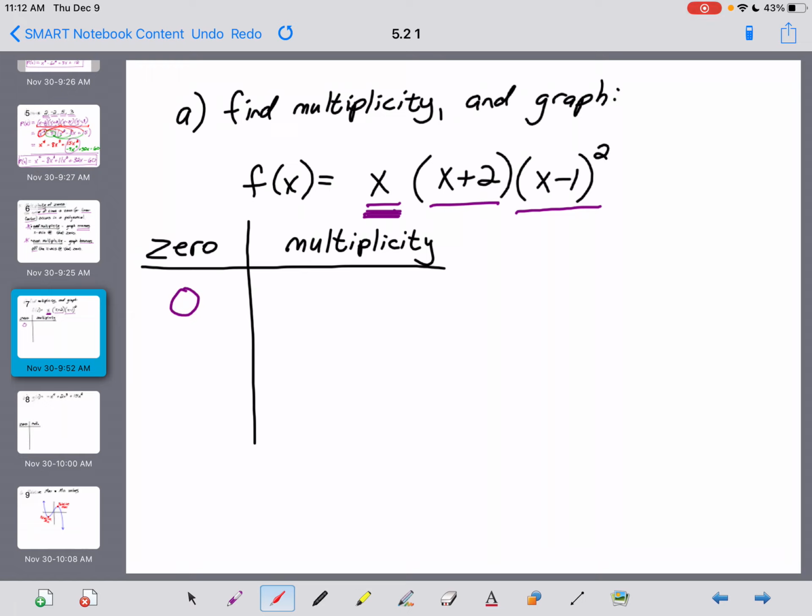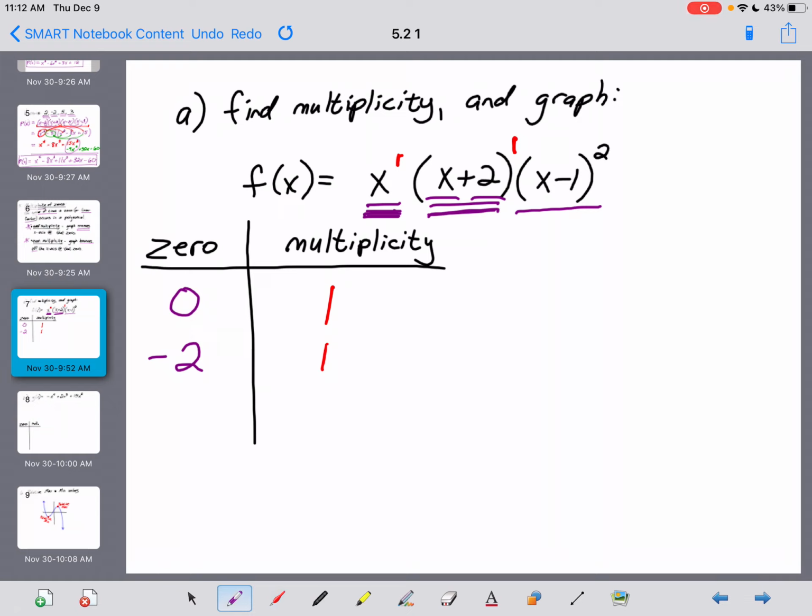That x doesn't have an exponent on it, which really is an exponent of 1. So the multiplicity of that 0 is 1. It only occurs 1 time. Now let's move on to the second linear factor. X minus 2 would equal 0 if x were negative 2. Think about that. Negative 2 plus 2 would equal 0. And that factor also only occurs 1 time, so that also has a multiplicity of 1.